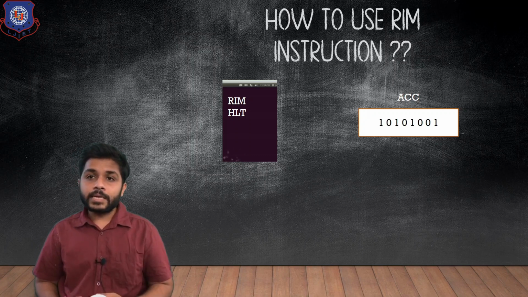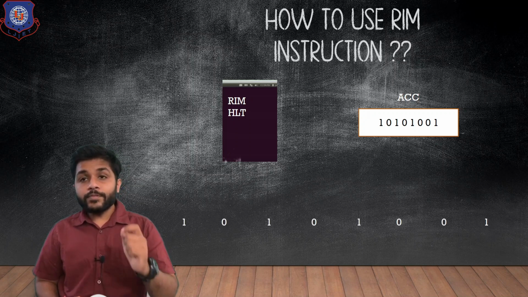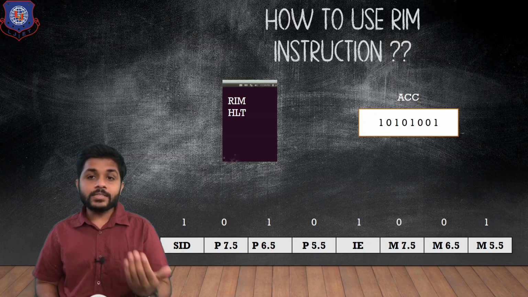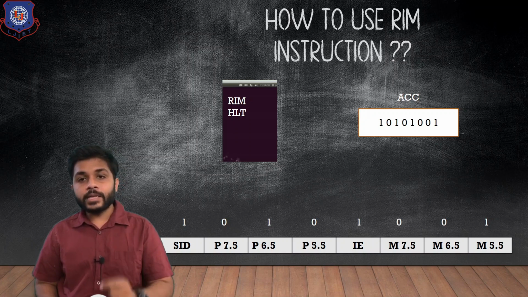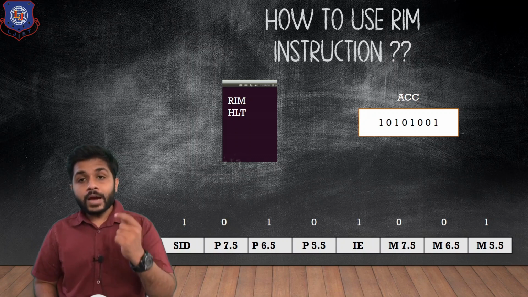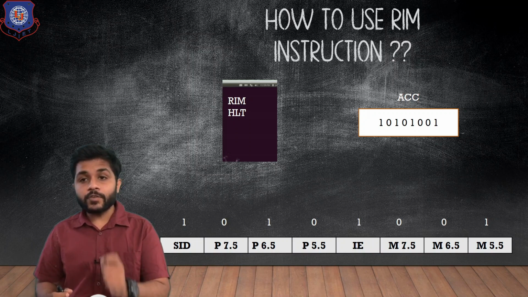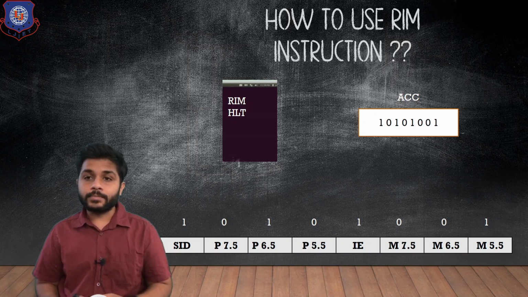If we compare this data with the format of the RIM instruction, we can understand which interrupts are masked, which are pending, and what the serial input data is. Here in the SID we are getting 1, which means we are receiving 1 bit serially. So using RIM, you can not only read the status of pending and masked interrupts, but also receive serial data.